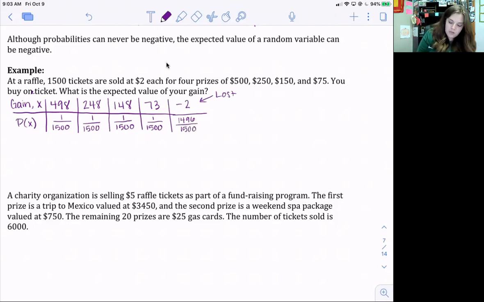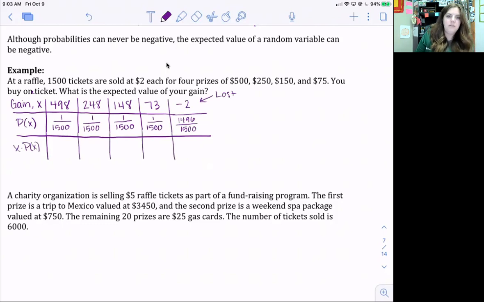Okay. So now if we're going to find the mean, okay, we're going to multiply these together. I suggest you leave them as fractions just because it's a little bit easier to calculate. If you want to change it to decimals, that's fine.